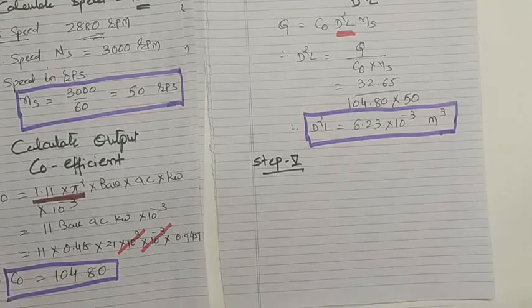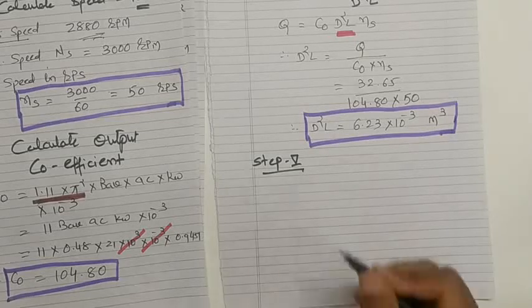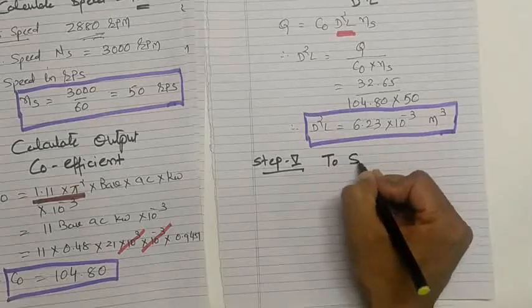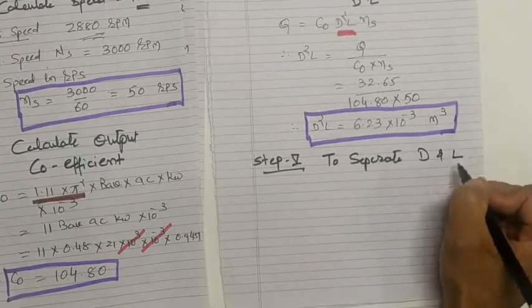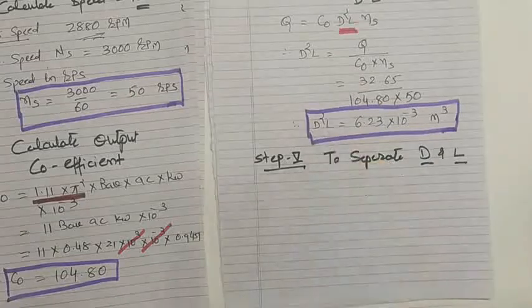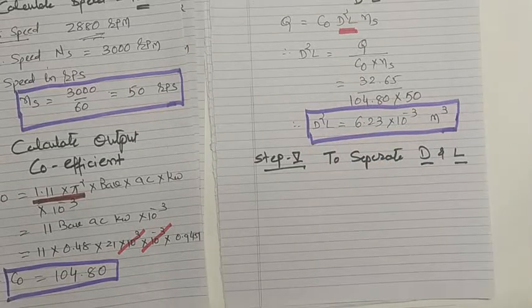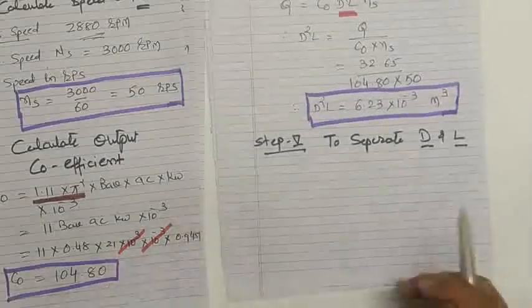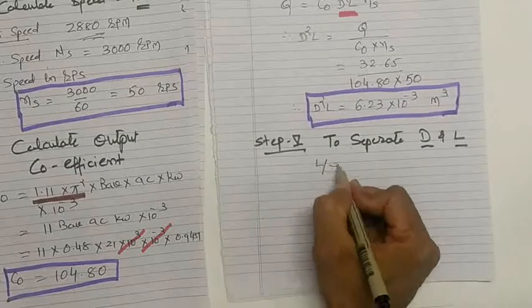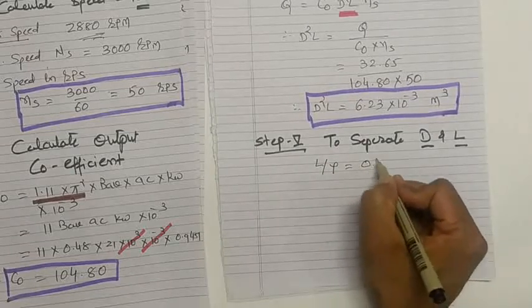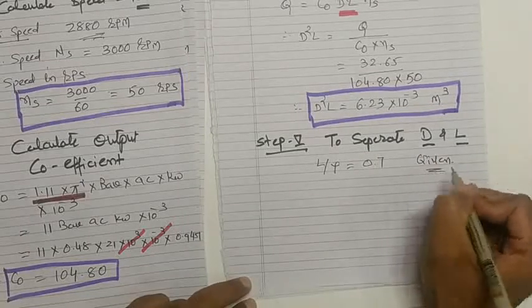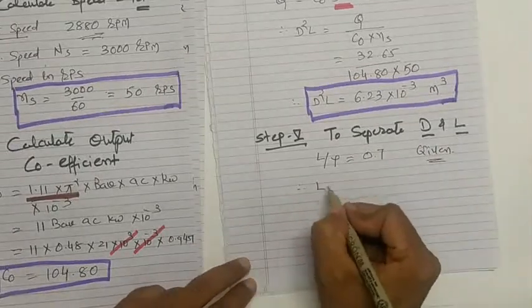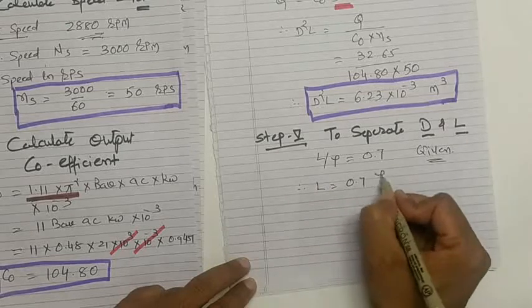Step number 5, that is to separate D and L. Here we have D and L together as a volume. Now we have to separate D and L. For this, again we have to use this ratio L by tau, that is given 0.7, right? The meaning is L is equal to 0.7 times tau.